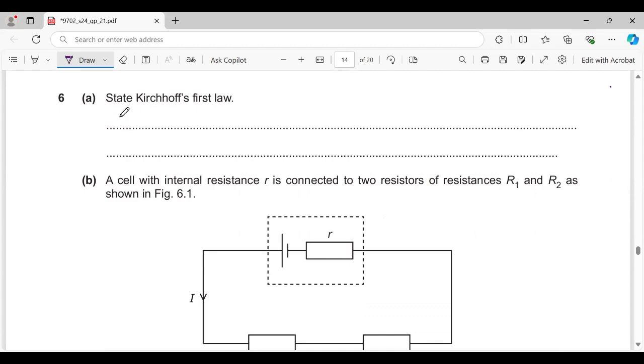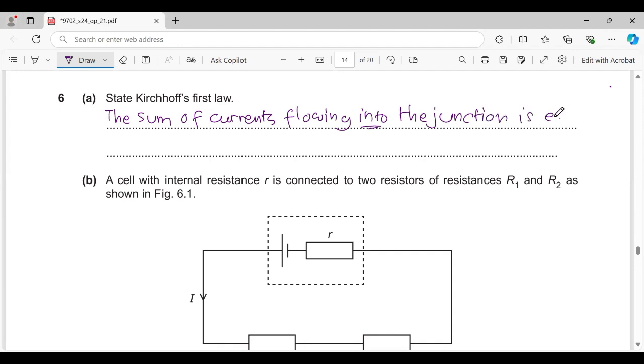Kirchhoff's first law says that the sum of electric currents flowing into the junction is equal to the sum of electric currents flowing out of the junction.